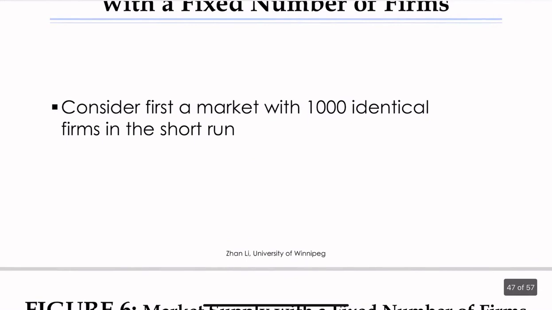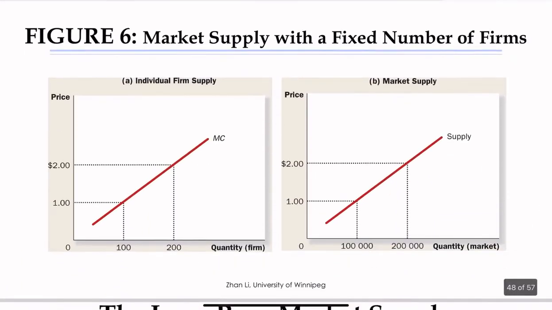Okay, now let's think about a market with 1,000 identical firms in the short term. First, you should understand how to go from one single firm's supply to the market supply. If you have this one single firm, you can see that at a price of 2, it supplies 200 units.